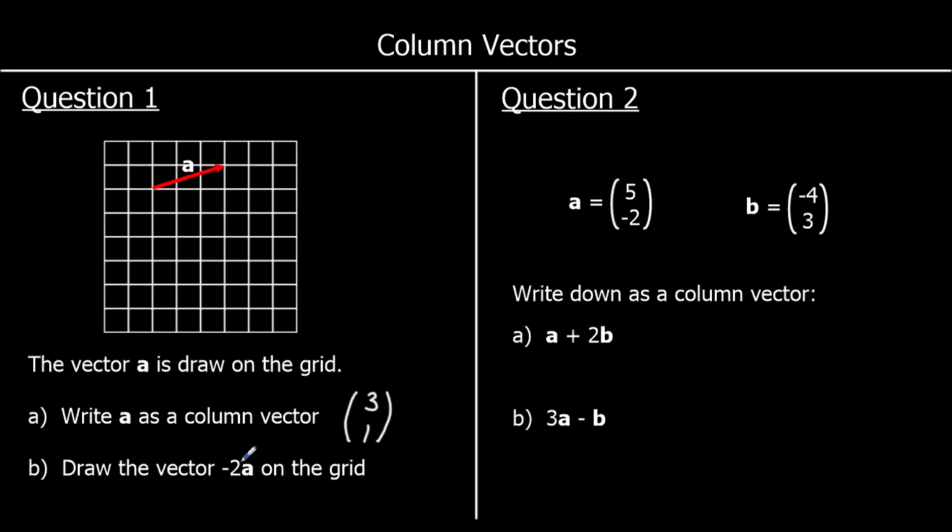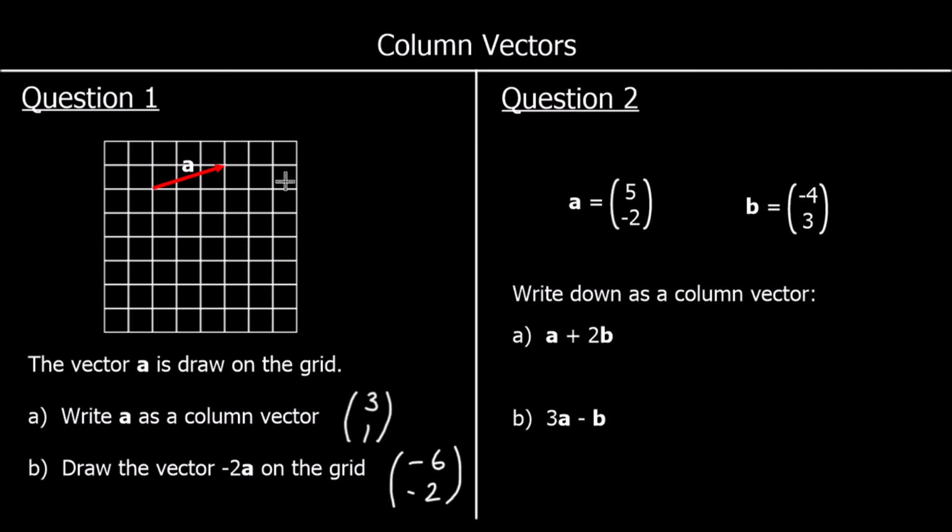Draw the vector minus 2A on the grid. So minus 2A is this times negative 2, or 2 of these in the backwards direction. So minus 2A, negative 2 times 3 is negative 6. Negative 2 times 1 is negative 2. So minus 2A is going to go 6 left, 2 down.